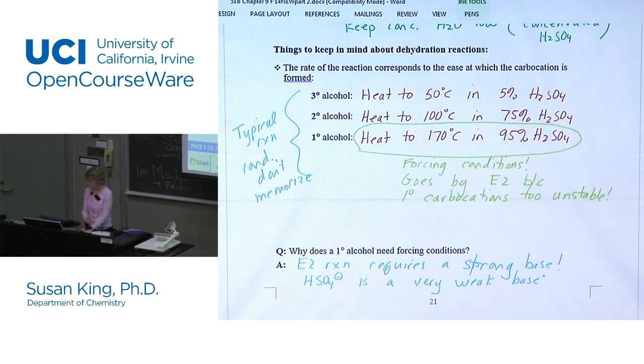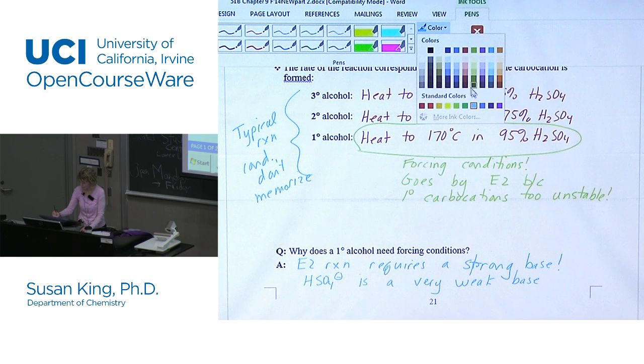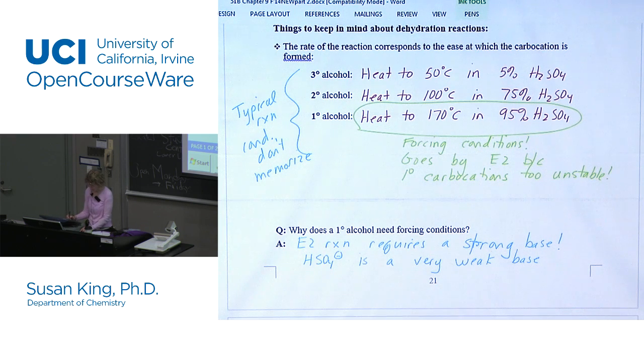All right, so your book is going to have some examples of elimination of a primary alkyl halide. I don't want you to do it. So I'm going to say don't do dehydration of a primary alcohol.